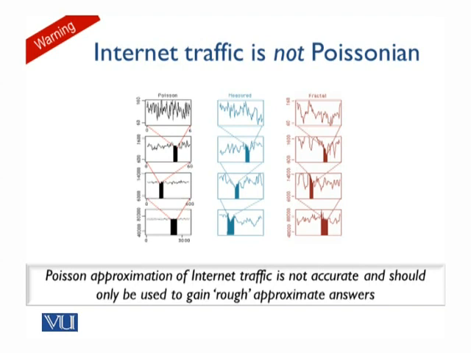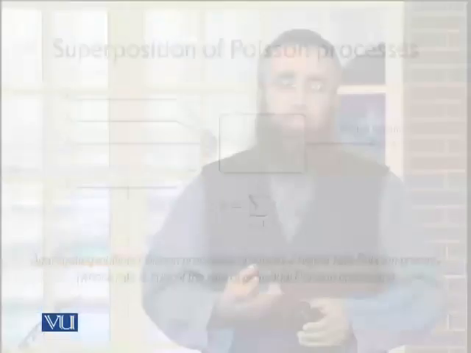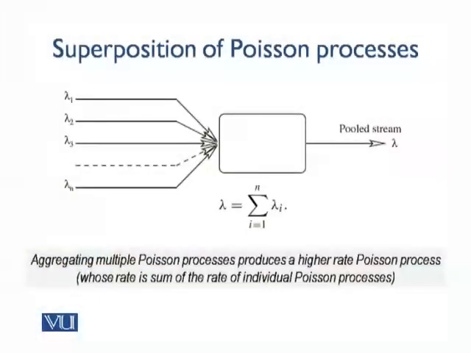Okay, now having talked of some drawbacks of Poisson process modeling for network traffic, we come back to the mode where we actually are going to use Poisson traffic to understand queuing systems. For that, we are now going to cover some important properties of Poisson processes. The first important property is what is known as the superposition of Poisson processes.